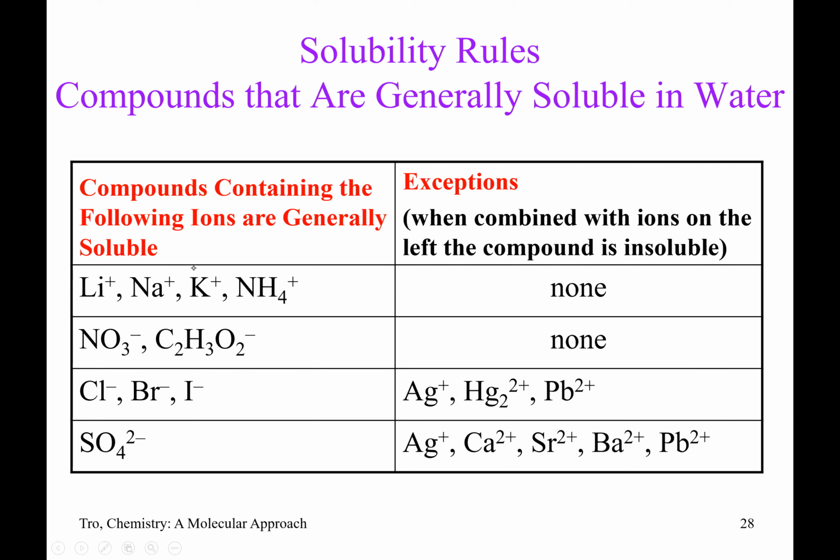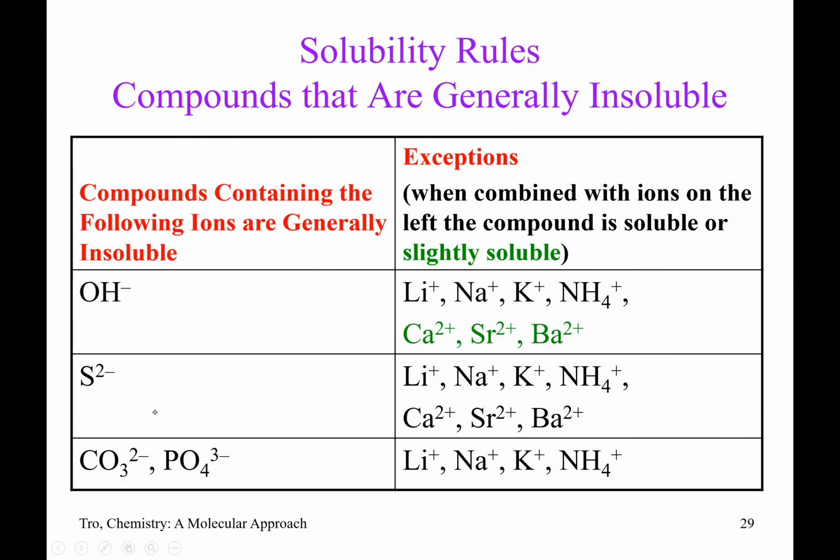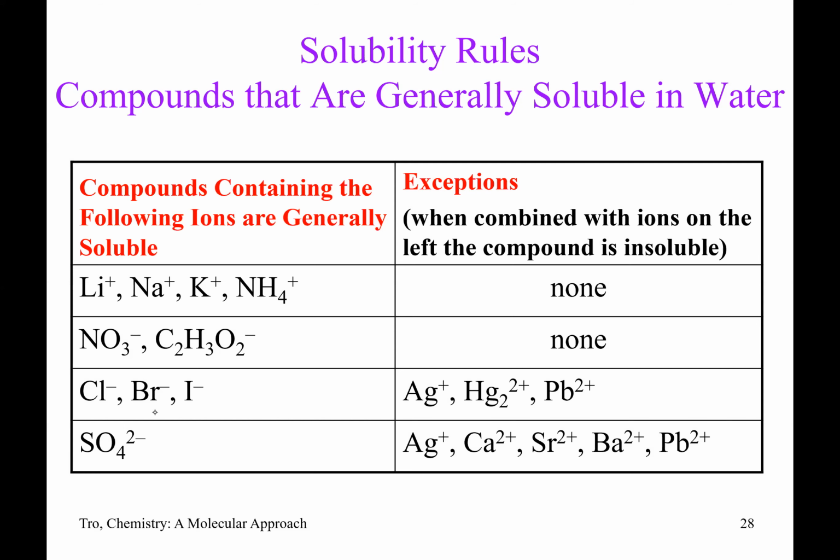Compounds that contain group 1A or nitrate or acetate are always soluble. Compounds containing chlorine, bromine, and iodine are soluble with some exceptions: silver chloride is not soluble, lead chloride is not soluble, mercury 1 chloride is not soluble.